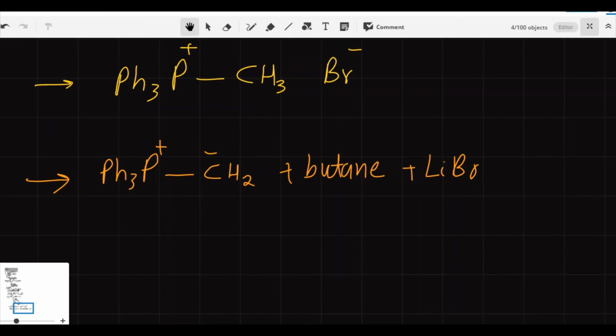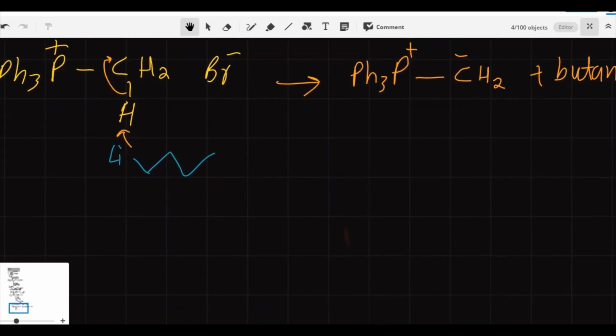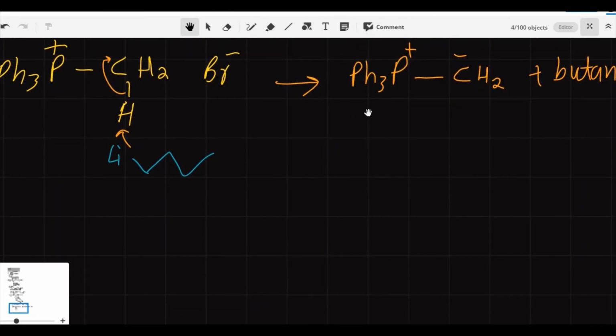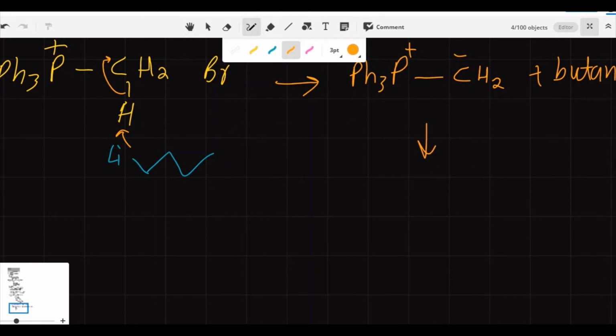Now you can see that here the phosphorus contains a positive charge and CH2 contains a negative charge, so that is known as an ylide. That is also known as the Wittig reagent.